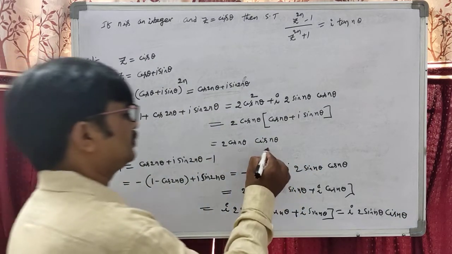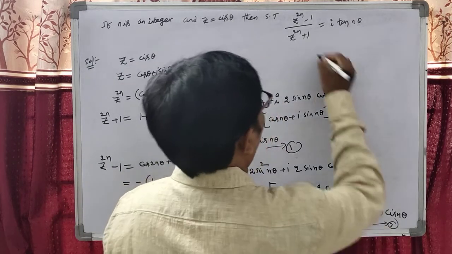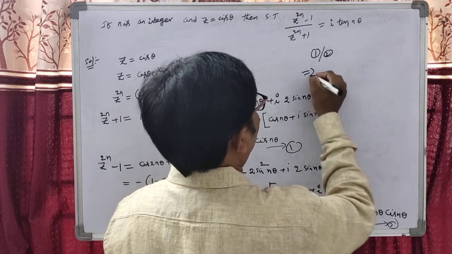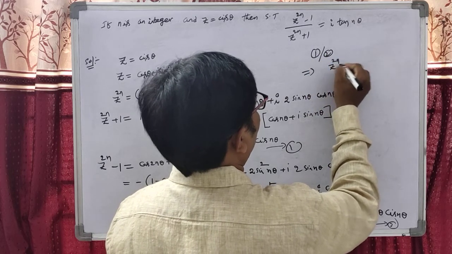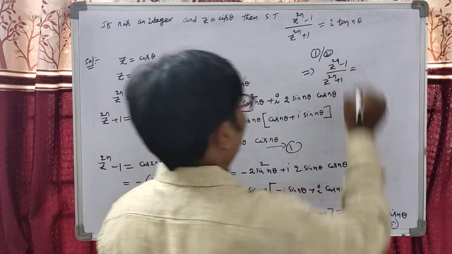This will be taken as 1, this is 2. How to write it? 1 by 2 can be written as z power 2n minus 1 by z power 2n plus 1.